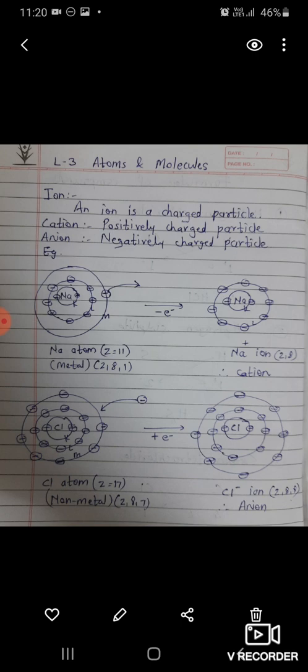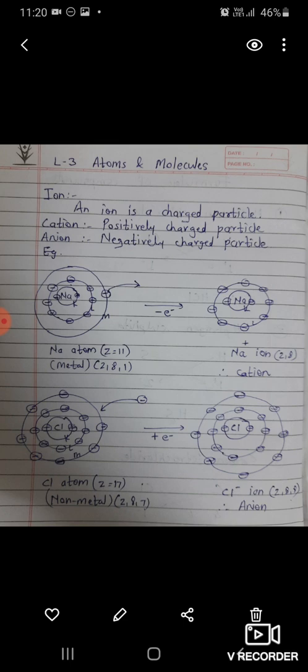Next, the chlorine atom. Chlorine atomic number is 17, configuration is 2, 8, 7. It means the first shell carries 2 electrons, the second 8 electrons, and in the outermost shell there are 7 electrons. So the chlorine atom accepts 1 electron.